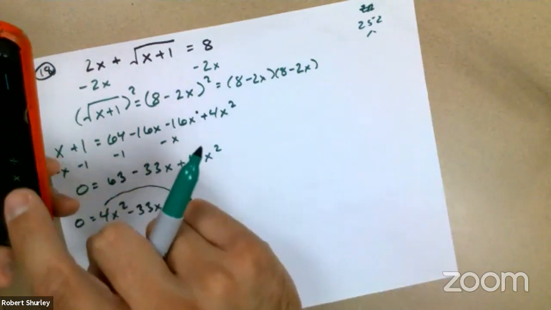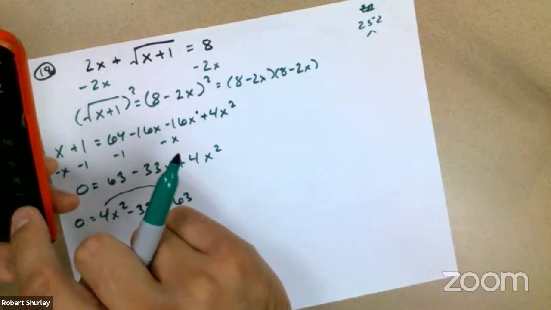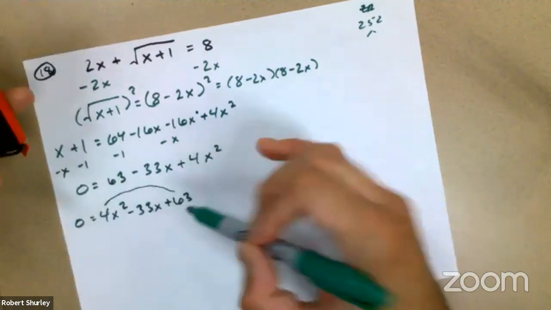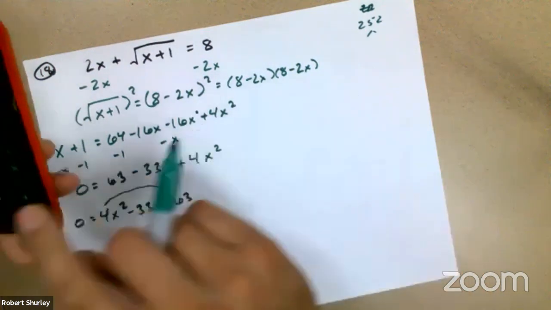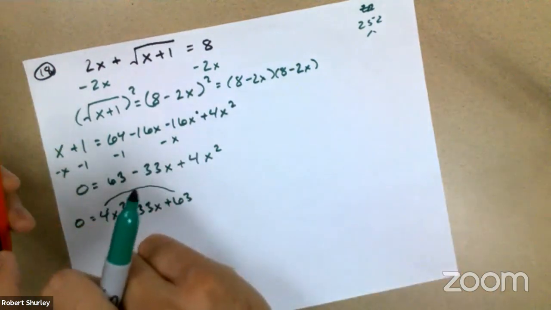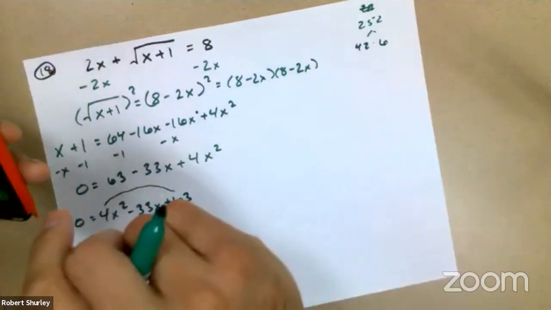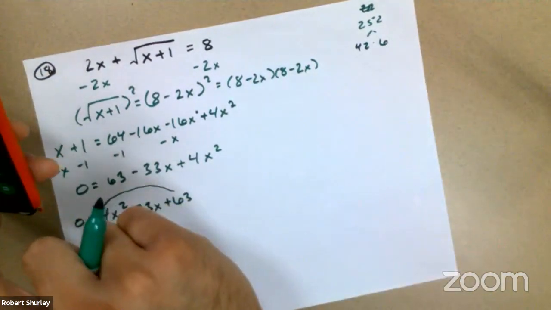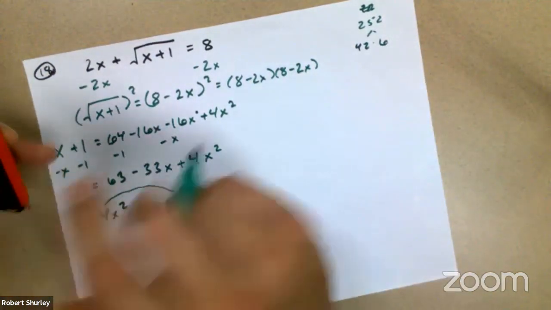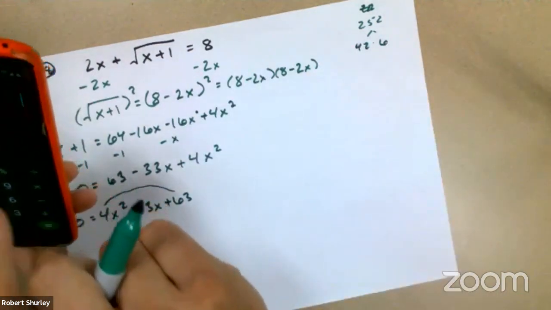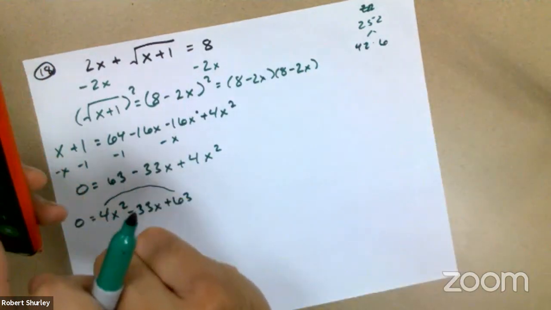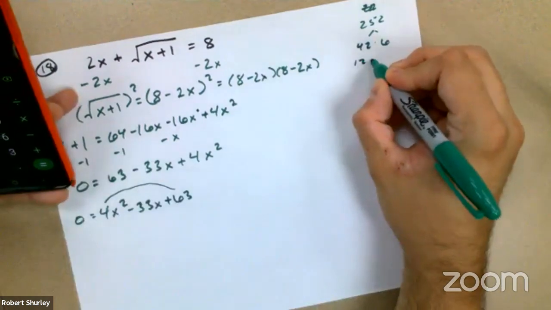That's not going to work. It's divisible by 4. We know that's 63. So what about 6? 252 divided by 6 is 42. We're getting closer. Probably 8 maybe. 252 divided by 8? Nope. It's not divisible by 8. 252 divided by 12. There it is.